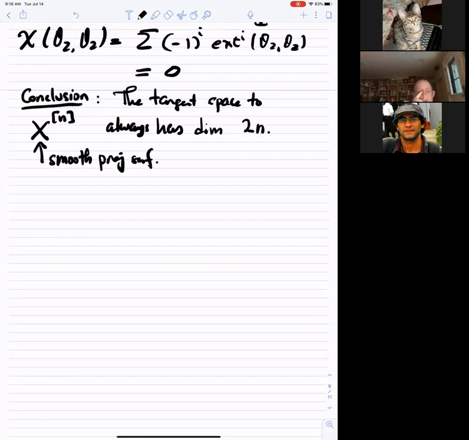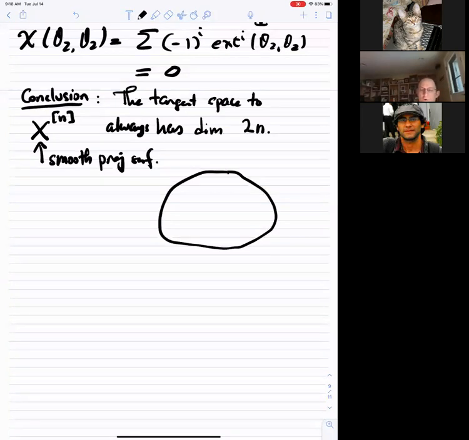Okay, so now here is the picture. You have the closure of the configuration space. This is a 2n-dimensional thing, right? So it suffices to conclude that this scheme is smooth and irreducible, and it suffices to say that it's connected.